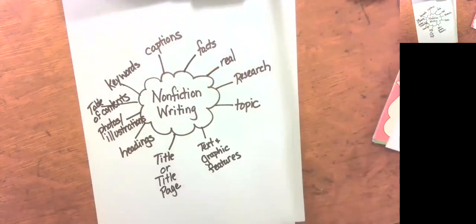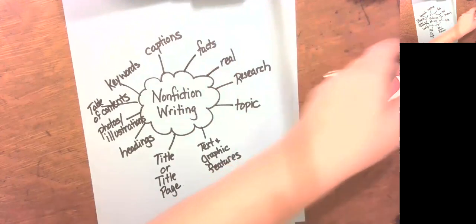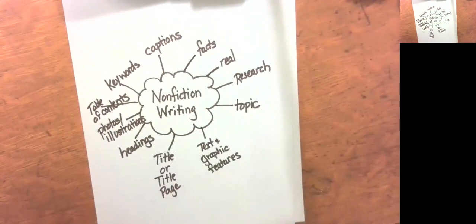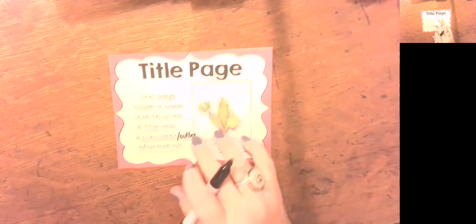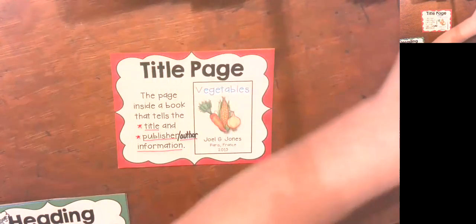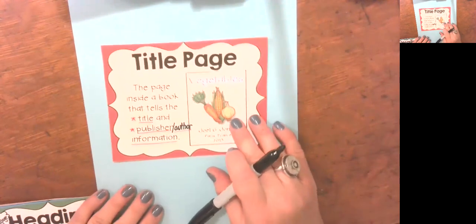I'm going to review those right now with you quickly, and I'm not going to show you all of the text and graphic features we know, just the ones that I will be introducing today. Let me get a little background page for this. Here we go. Okay, first one, title page.